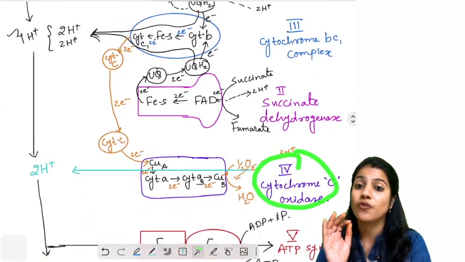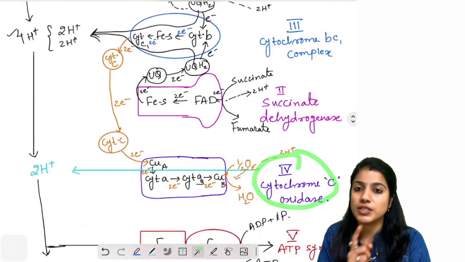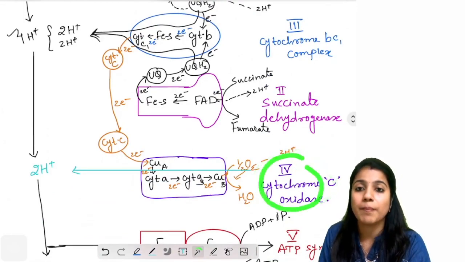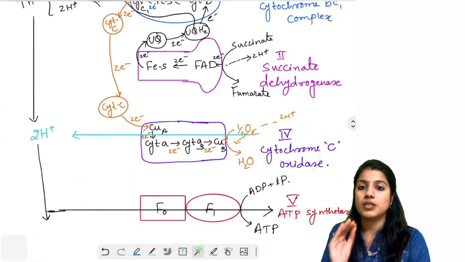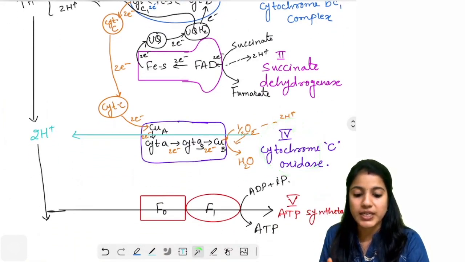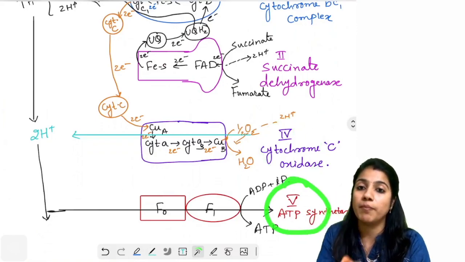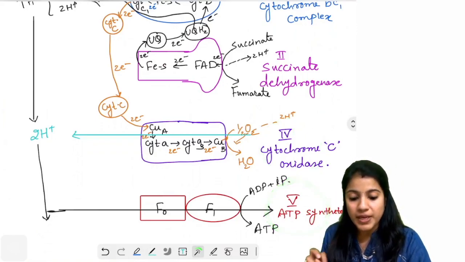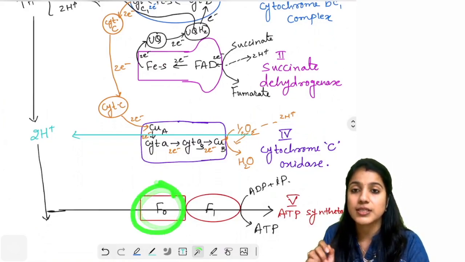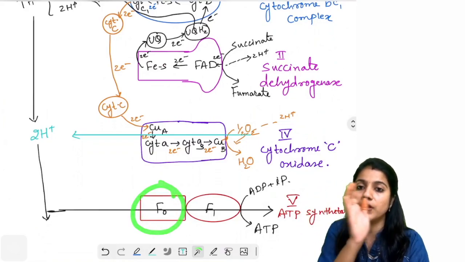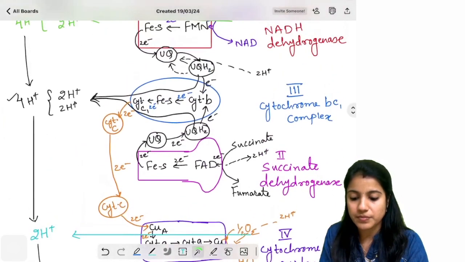That is complex 4. Terminal oxidation takes place at which complex? That is complex 4. So formation of water molecule is associated with complex 4. ATP formation is associated with complex 5. Complex 5 is made up of two components, F naught and F1. F naught is embedded in the membrane, F1 is outside the membrane.